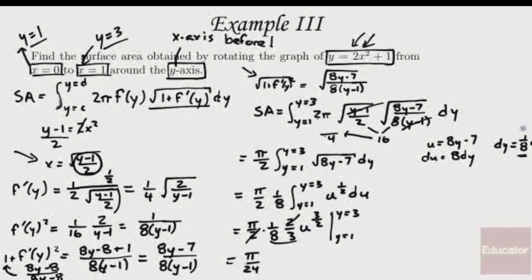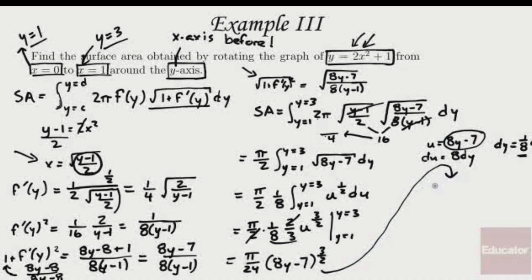Now, u was 8y minus 7. So that's 8y minus 7 to the 3/2. So finally we get pi over 24 times, now if we plug in y equals 3 into 8y minus 7, that's 24 minus 7, so that's 17 to the 3/2.